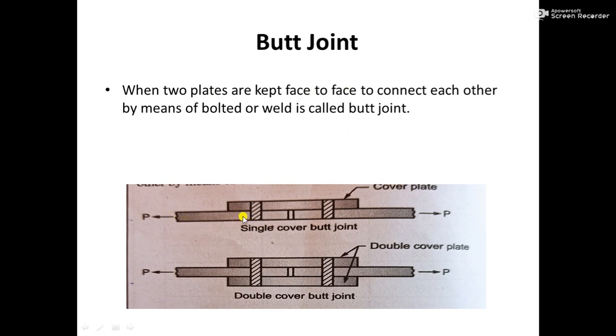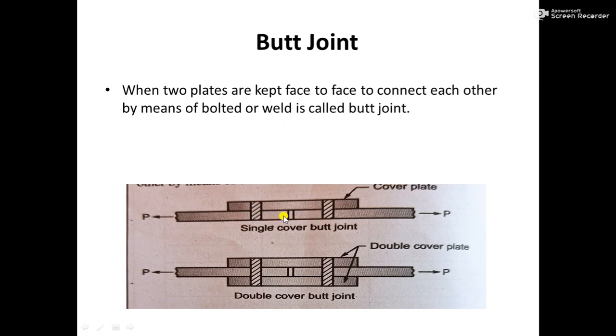See here, this is the first plate and this is the second plate. These two plates are placed in front of each other, or kept face to face, without overlapping each other.